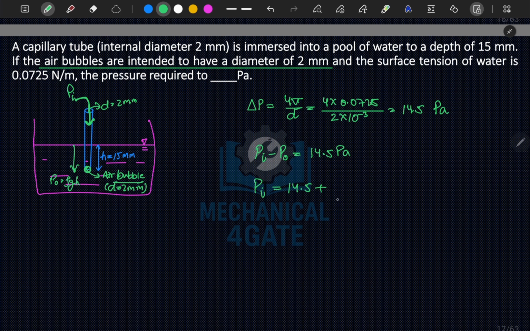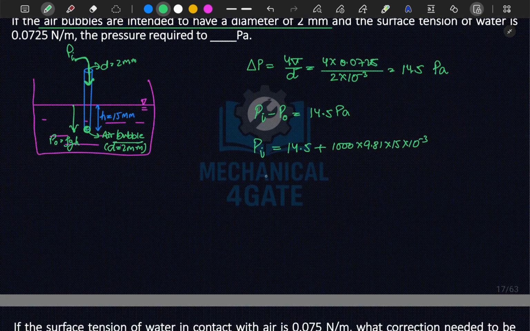So rho is 1000, into g is 9.81, into h which is 15 mm, that is 15 into 10 to the power minus 3. If you solve this, 9.81 into 15 gives 147.15, plus 14.5. So the pressure required, that is Pi, will be 161.65 Pascal.